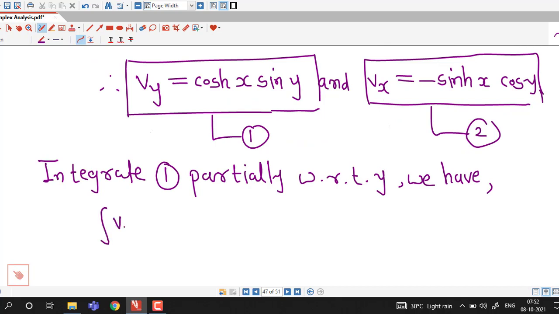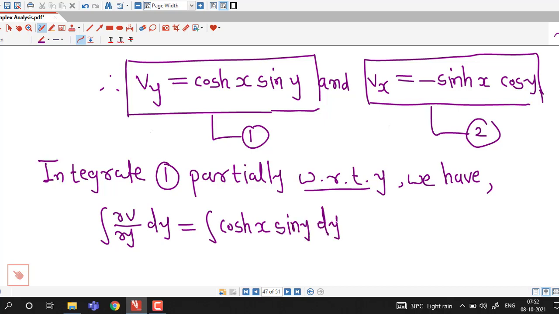So on the left hand side I have the integral of the derivative of v with respect to y, and the integration is with respect to y. First we write cos hyperbolic x sin y, and here we integrate with respect to y. So x is constant, so we consider cos hyperbolic x as constant, and because we are integrating with respect to y, the constant of integration may be a function of x.